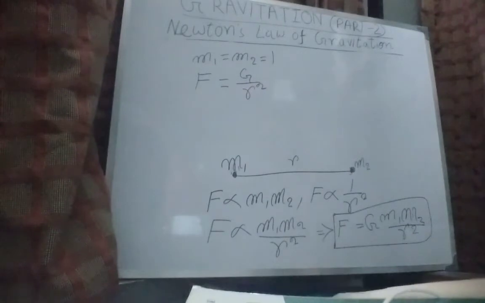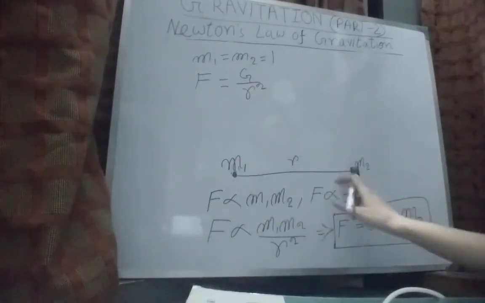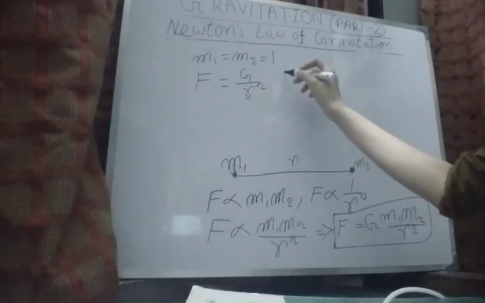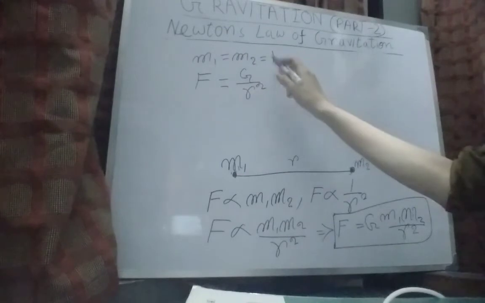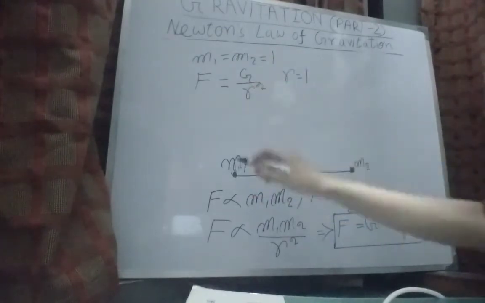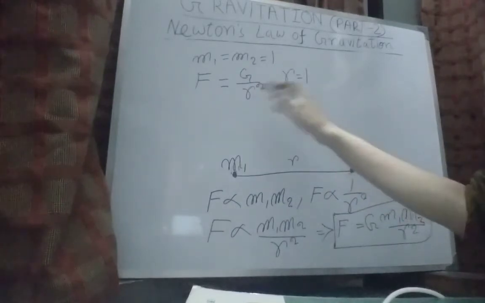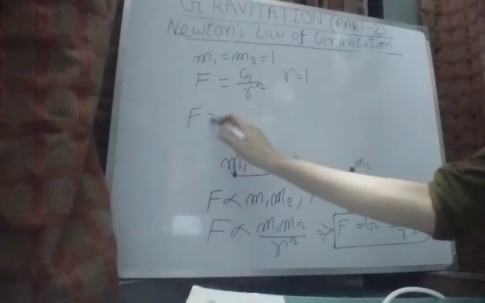Again, if we consider that the distance between them is also unit, that is r equals 1, with m1 equals m2 equals 1, then we can write F equals G.